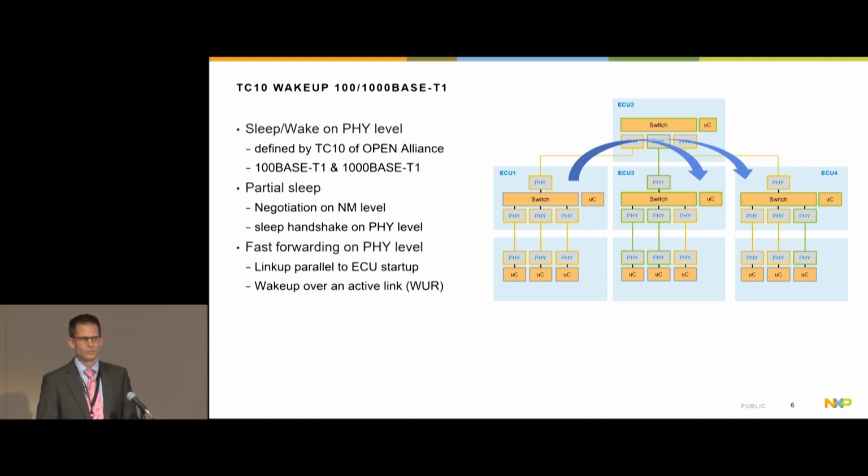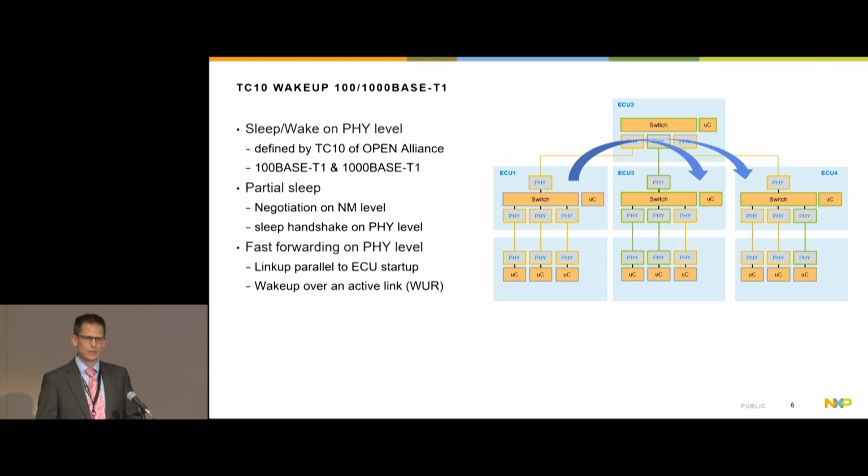This technical committee is or was specifying the standard, and it is currently specified for 100BASE-T1 and for 1000BASE-T1. It is also going to be defined for higher speeds, and also for 10BASE-T1S there is work going on. In this case it is TC14, because this one is defining the complete standard.